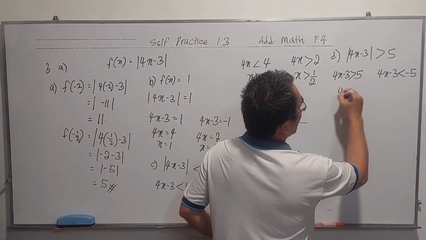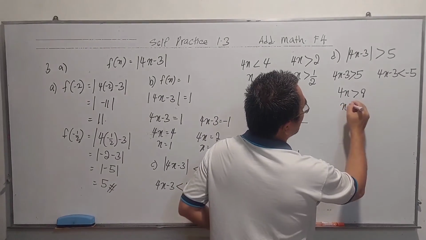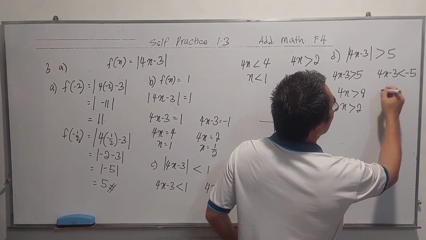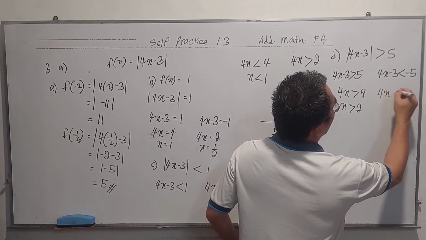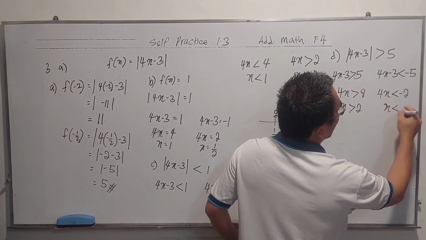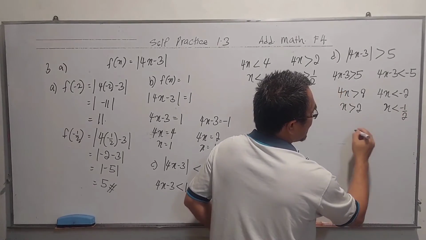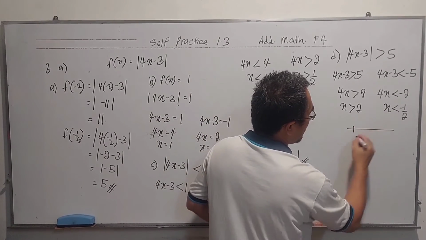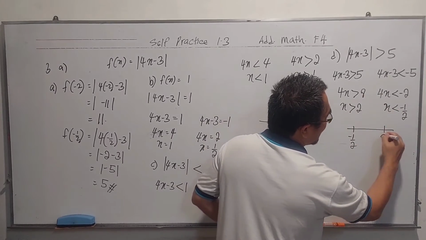5 plus 3, so you say 4x more than 8, and then x is more than 8 over 4, which is 2. In this one, 4x less than negative 5 plus 3 will be for x less than -2, so x will be less than -2 over 4, which is -1 over 2. Similarly, just like question C, you have to write down one value, -1 over 2. The other value, because it's larger, should be written on the right.